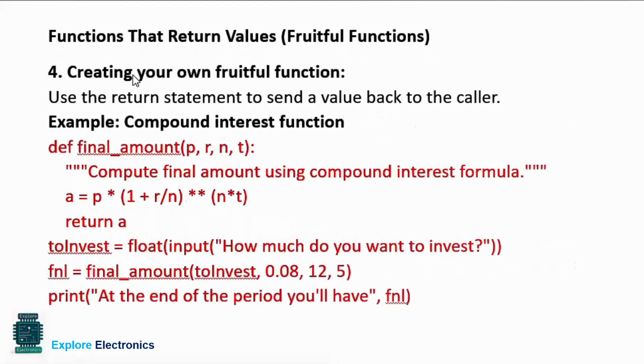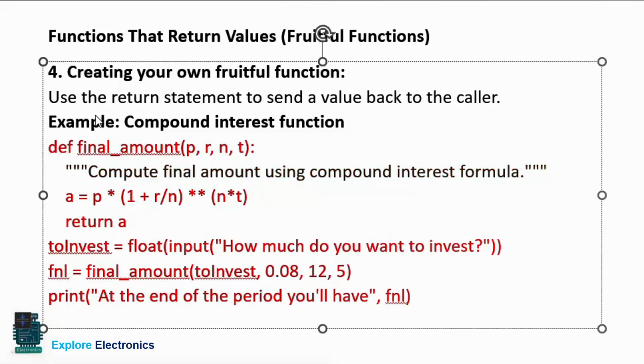Let us see how to create your own fruitful function using a return statement to send a value back to the caller, which means the return statement in Python sends a value from the function back to the caller. Let us see an example, which is a compound interest function.